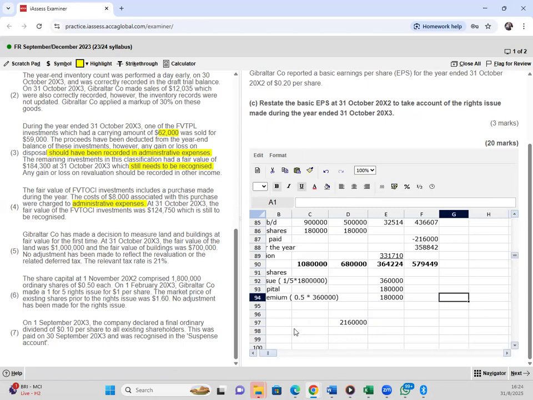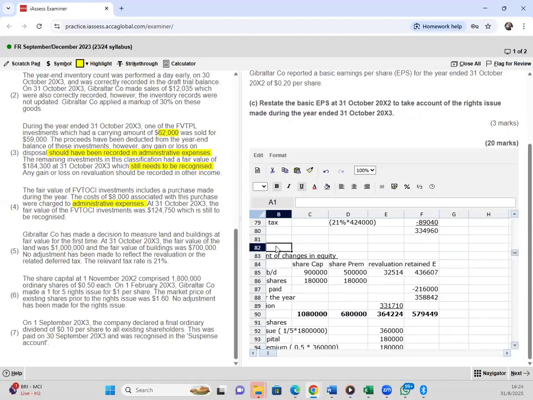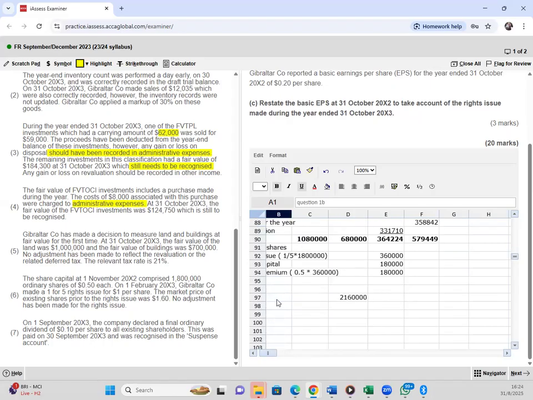So that's part C, and you should also mention this is part B, as EPS. For calculating the EPS, restate the basic EPS at 31 October 20X2 to take into account the rights issue made during the year end.